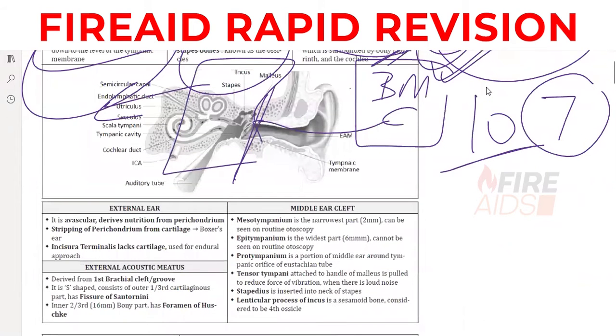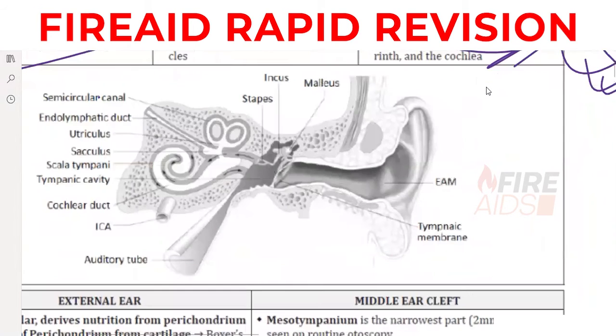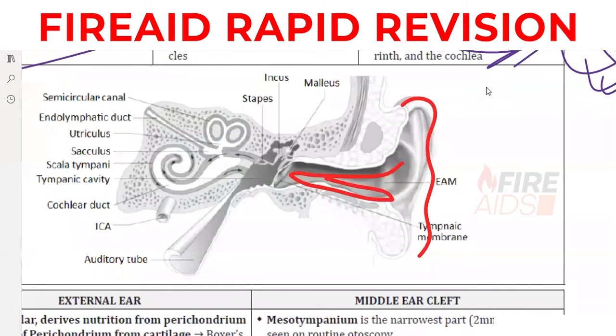Just look at the ear picture so that when we discuss the points, you don't get stuck anywhere. Here's a picture of an ear. This is the pinna, that is the outside. This portion is the external auditory meatus or the external auditory canal. This ends in the tympanic membrane.